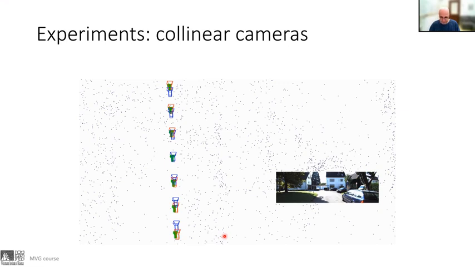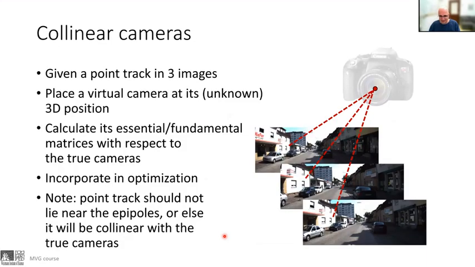Can you explain again how you calculate the virtual camera and the fundamental matrix from each picture? I didn't explain this, and I didn't include this here. I just told you that it's possible. Yoni, you remember? I don't remember offhand. What was the question?